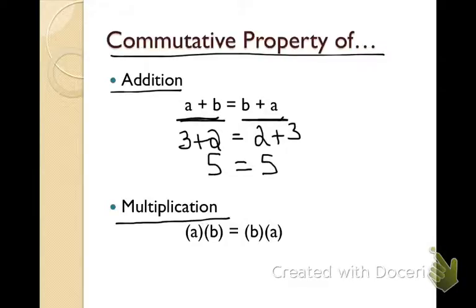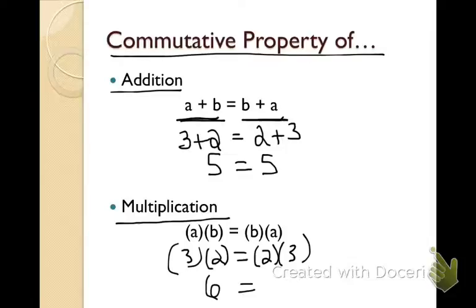Sometimes, though, we just need to rearrange the order that we see our addition so that we can do the math easier. Multiplication is the same, so I can use my same numbers. 3 times 2 is the same as 2 times 3. They both are 6. Their order doesn't matter, but we might need to rearrange things to make the math easier.